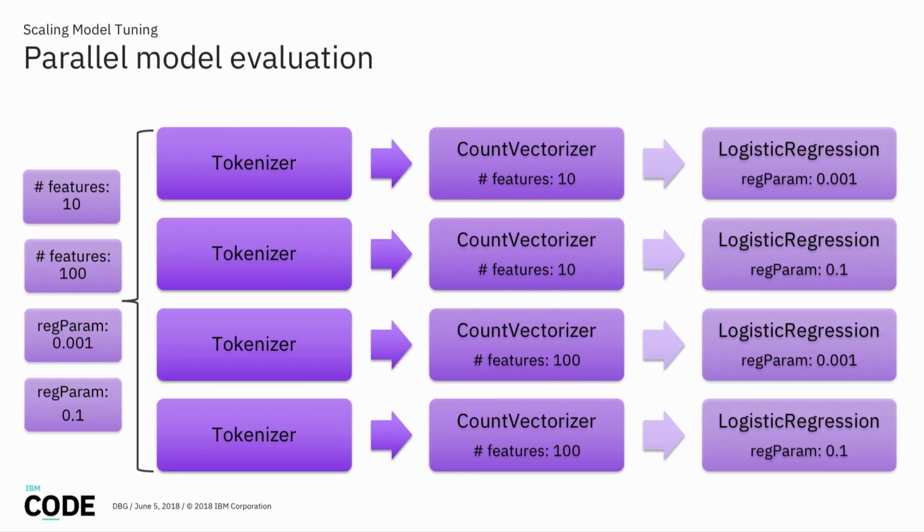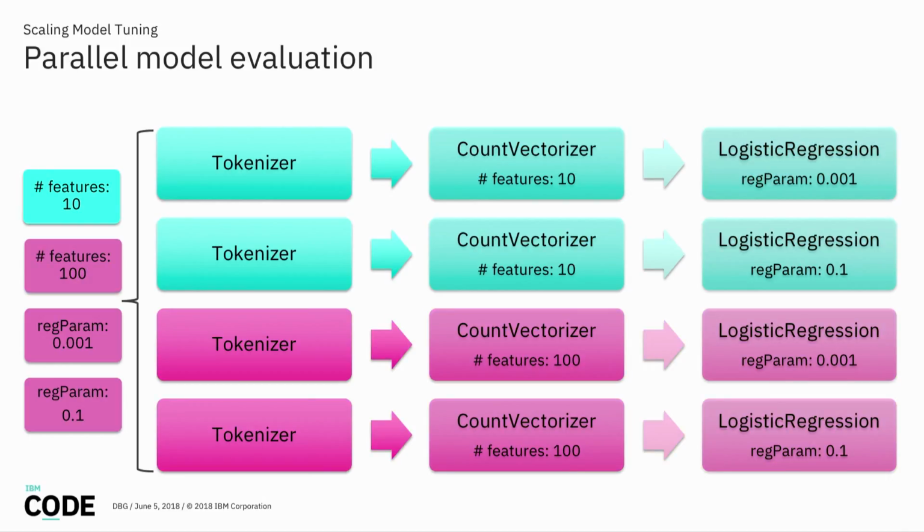Now let's take a look at how this works since we set this value to 2. We'll end up queuing 2 models to be trained and evaluated at one given time. So it'll go through the first and second pipeline models at the same time. And once those are done, it continues to do the next 2. So it's no longer just a sequential process with waiting. You're able to send more and more work to the Spark scheduler.